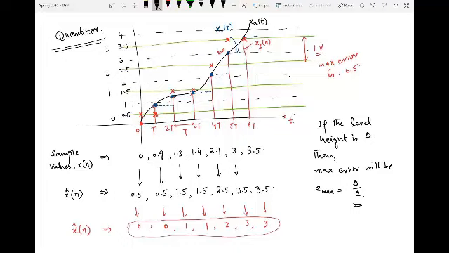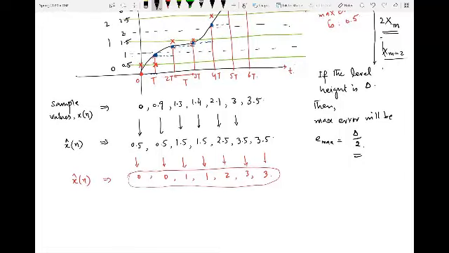If you see the dynamic range of this ADC, we call it 2xm in terms of voltage, where xm is half of this voltage. In this particular case, let's say xm is equal to 2, so 2xm will be equal to 4.